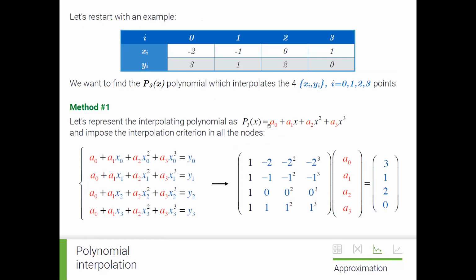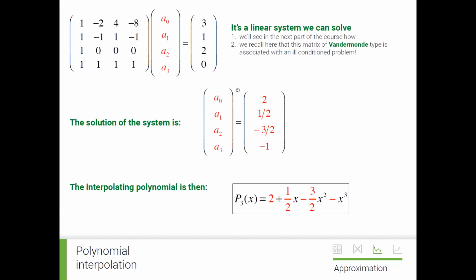Now we will substitute, instead of A0, A1, A2, and A3, the corresponding values of these unknown coefficients. And we'll get the interpolating polynomial. So we get this answer. Is it clear with the first method?